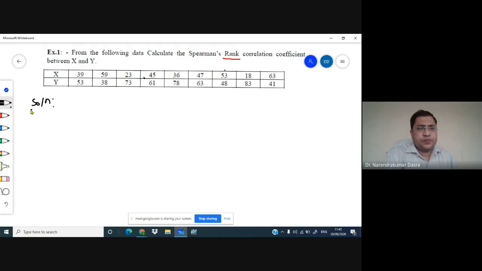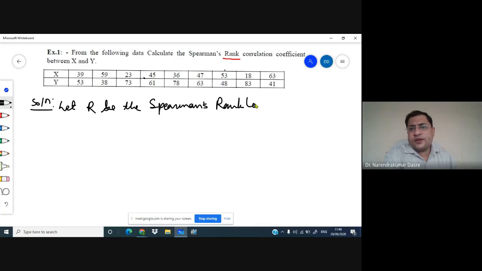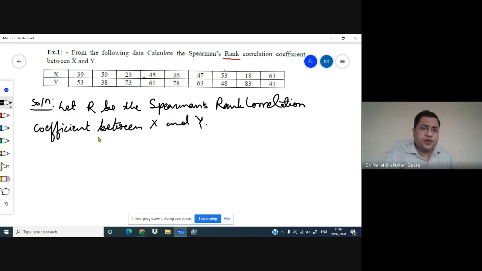So what we have here: let capital R be the Spearman's rank correlation coefficient between X and Y. This X data and Y data is given. So R is given by the formula 1 minus 6 times summation di square upon n cube minus n.